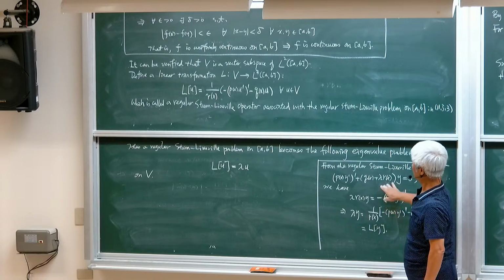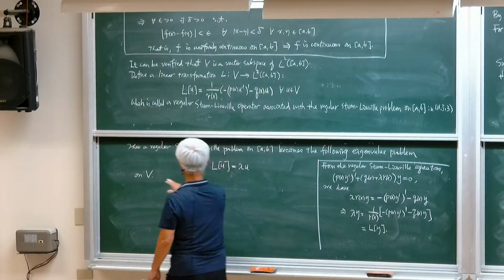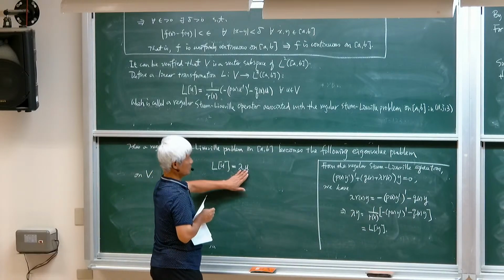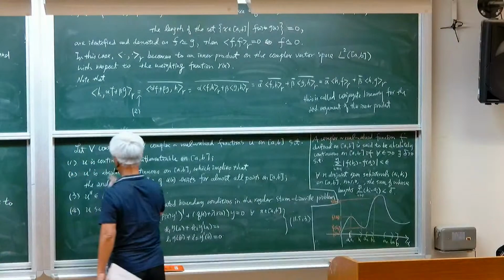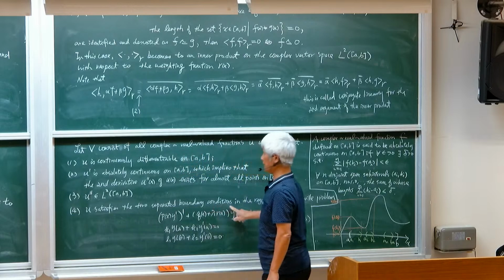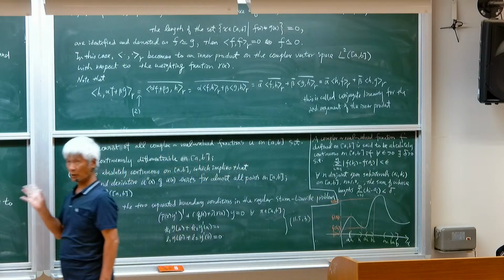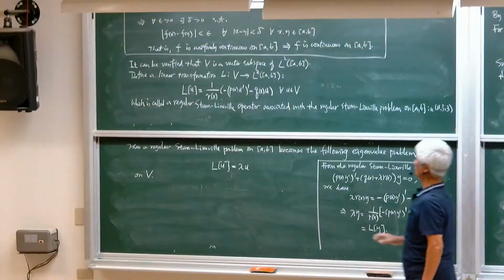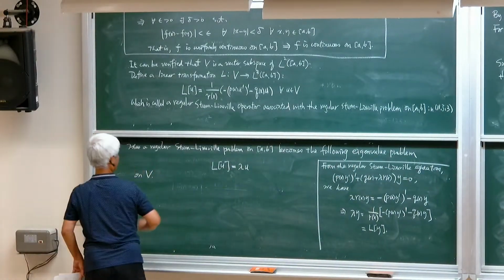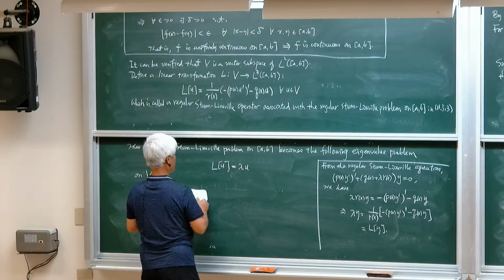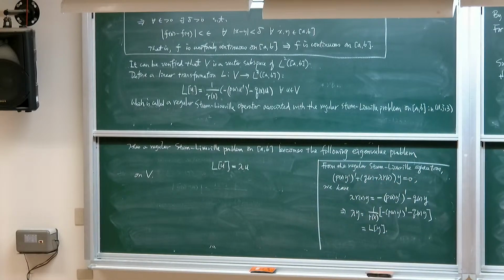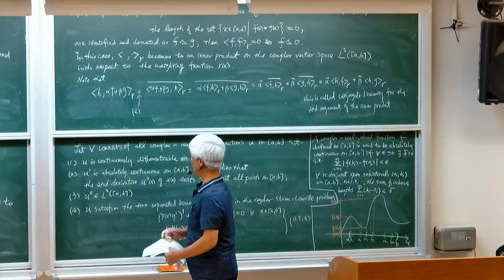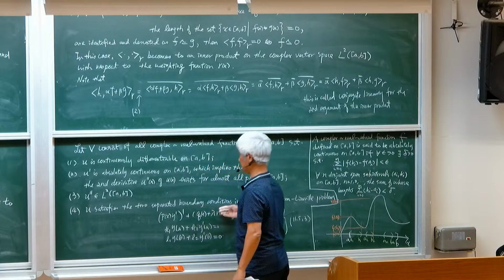In our construction of capital V, we know that U should be in V, and any U in V satisfies the separated boundary conditions. So this is automatically in our construction. U satisfies these three conditions, especially the two separated boundary conditions.